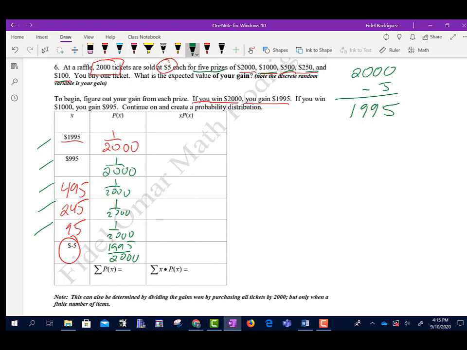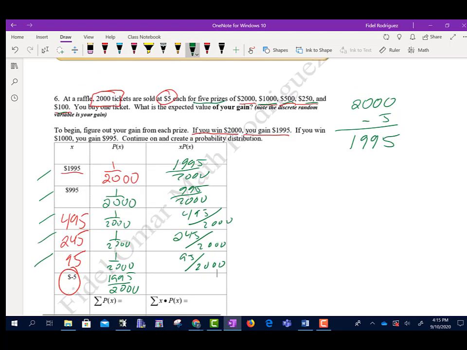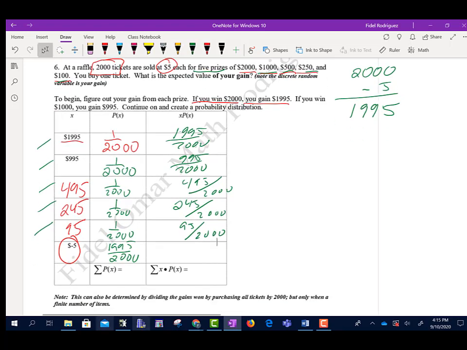Now what we're going to do is multiply straight across. So I'm going to write this as 1995 over 2,000, 995 out of 2,000, 495 out of 2,000, 245 out of 2,000, 95 out of 2,000, and I've got to multiply here because the other ones were 1, so it was easy to do.